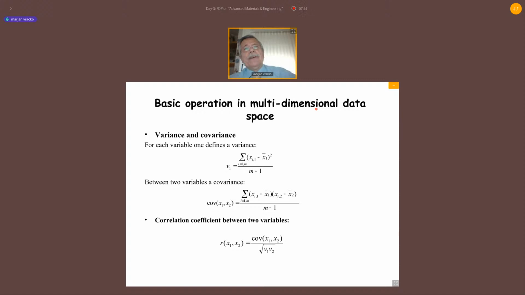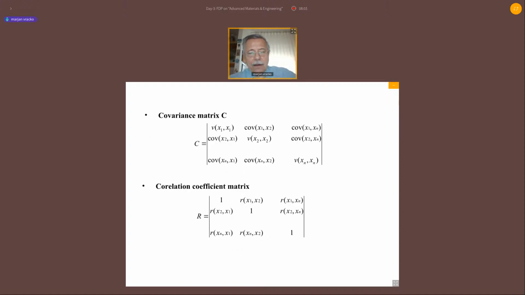And of course, a normalized covariance is often called correlation coefficients. It's normalized to 1. These covariances and correlation coefficients can be put in a matrix.